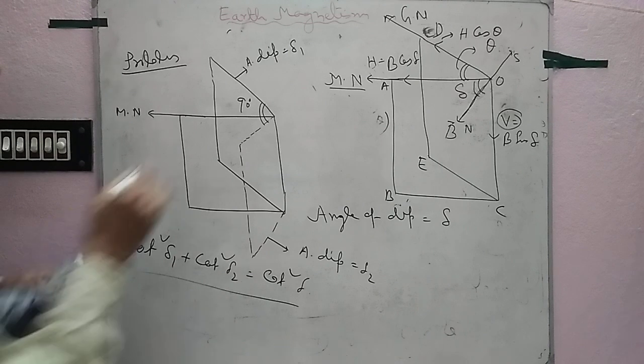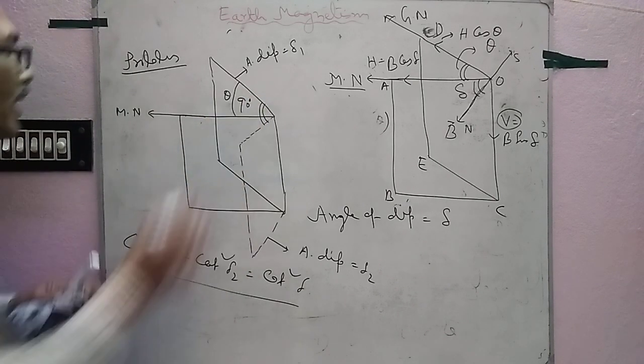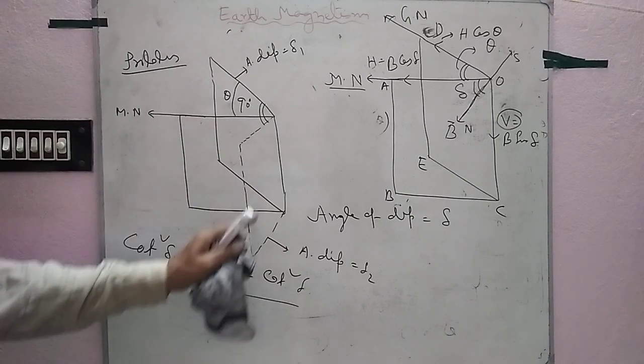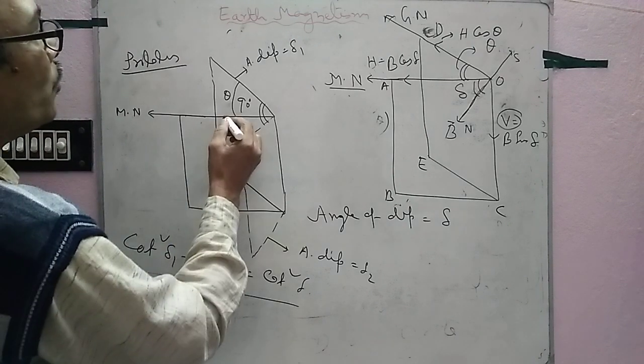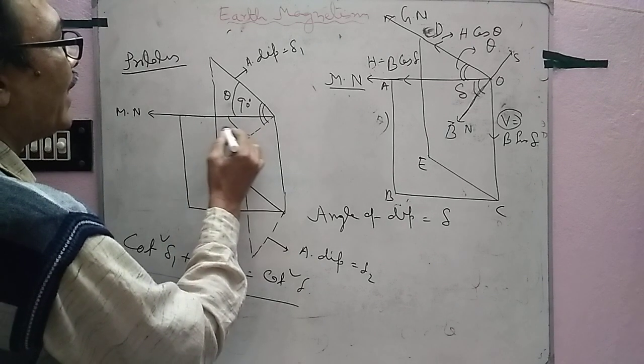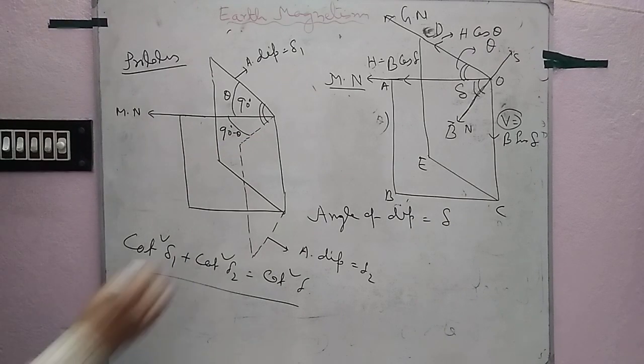Suppose the first plane makes an angle theta with the original magnetic meridian. So the second plane will make the angle 90 degree minus theta. Clear? Follow?